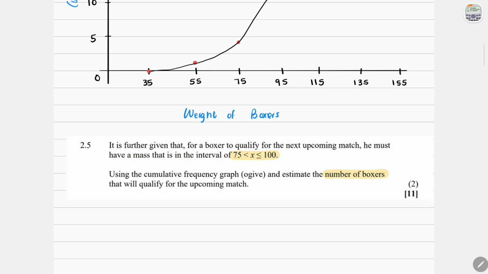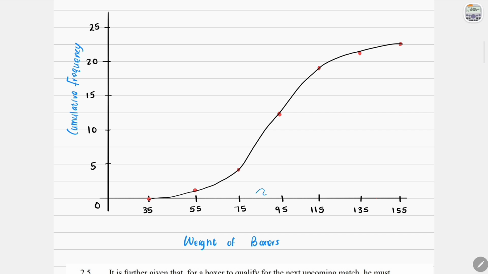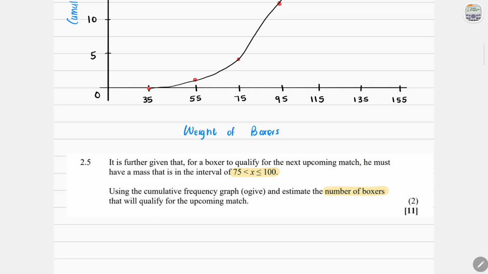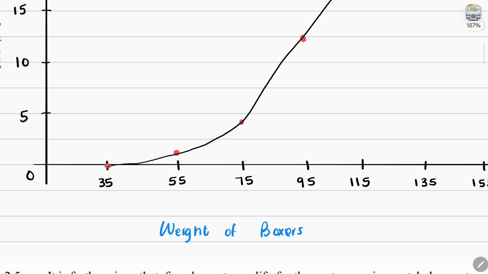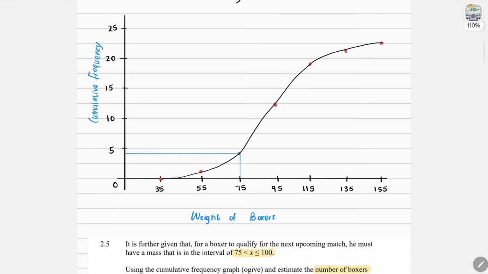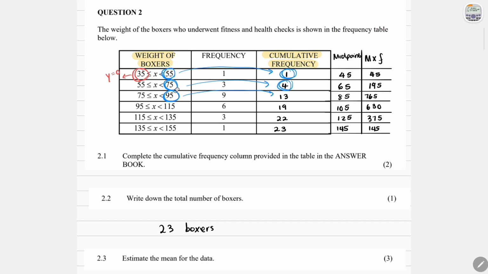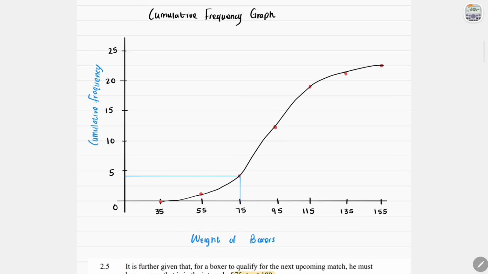So using the ogive to find out the boxers who qualify, we're just going to go here to 75. Because we know that they're between 75 and 100, we'll go to 75 and then 100. We need to find out what 100 is. But with 75, we already know what this is. Using the cumulative frequency, we knew that this was 75 and 4. So we know that this is 4.